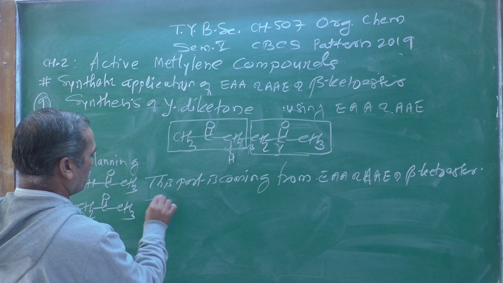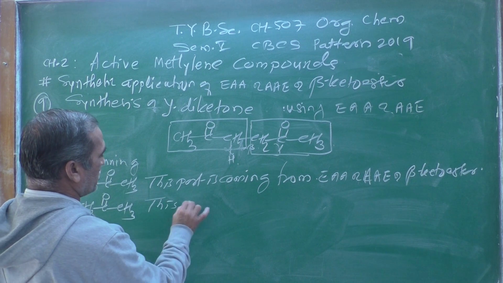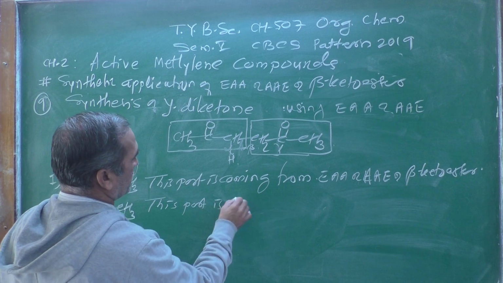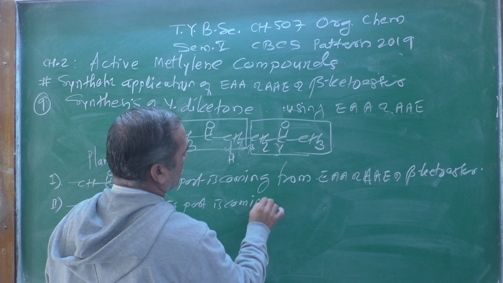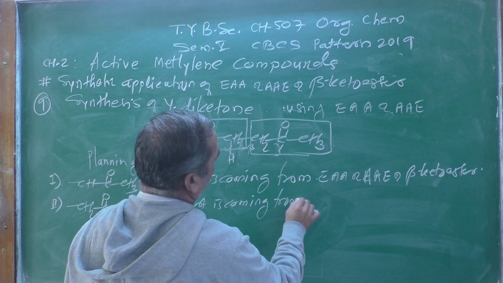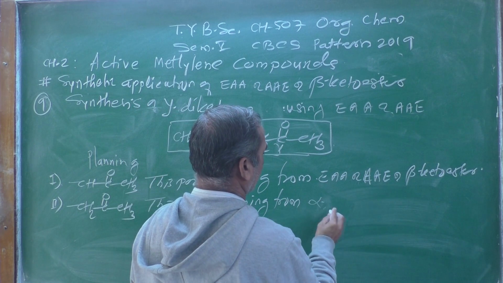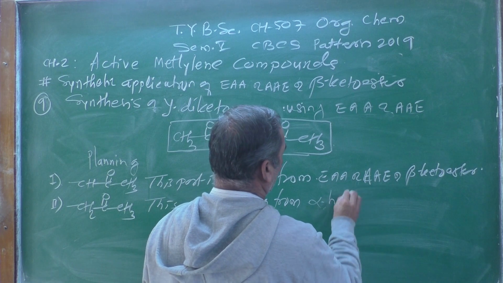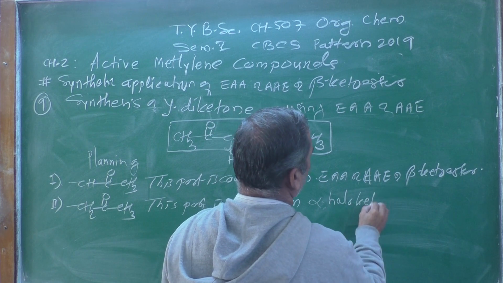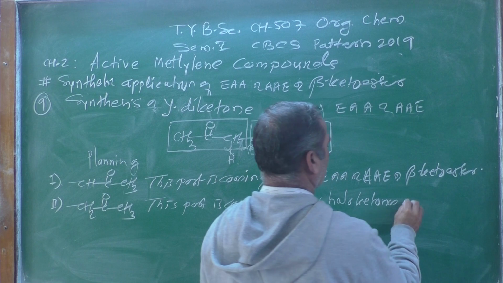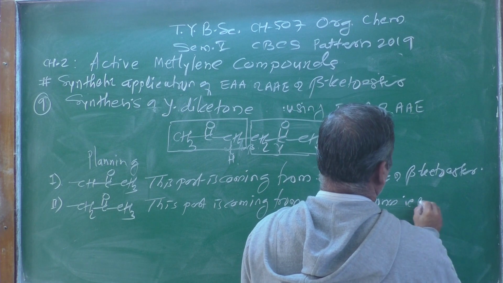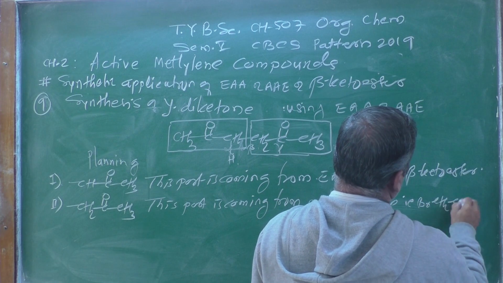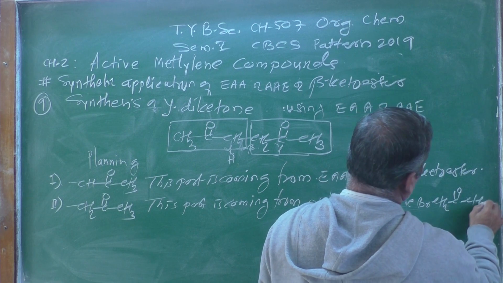This part of the organic molecule is coming from alpha haloketones, that is Br, CH2, C double bond O, CH3.